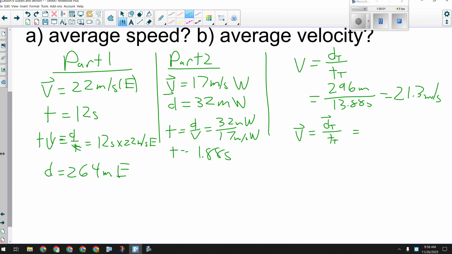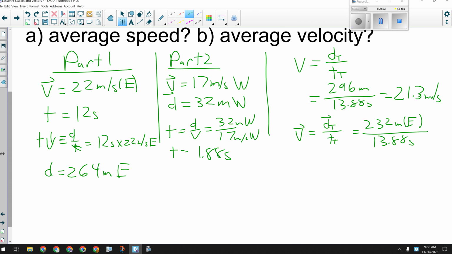All that changes for the total displacement is now I've got my 264, but this is west and this is east. So I backtracked. So my total displacement is 232 meters east. The time is still 13.88 seconds.